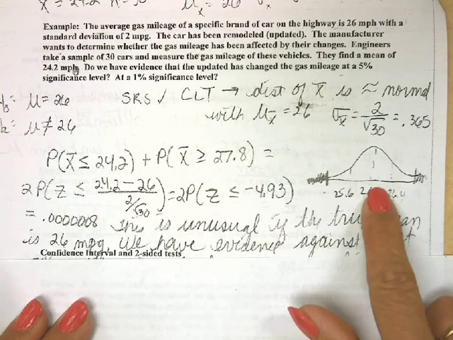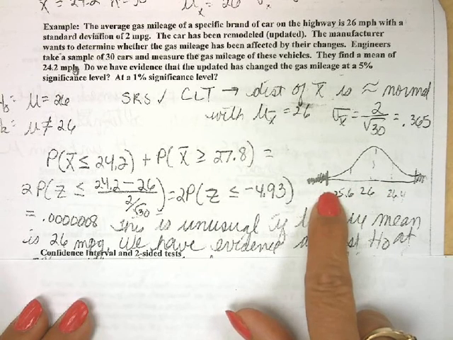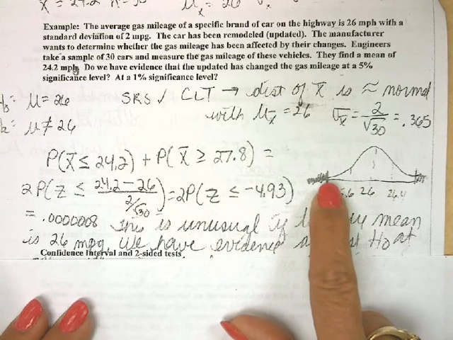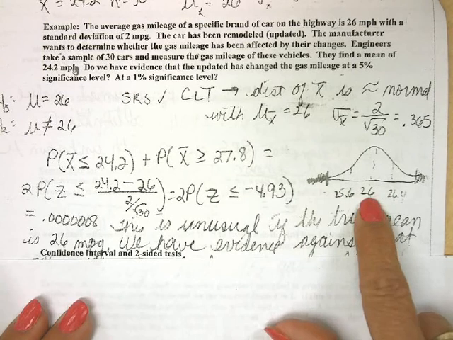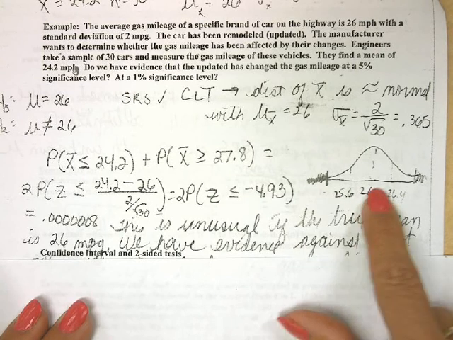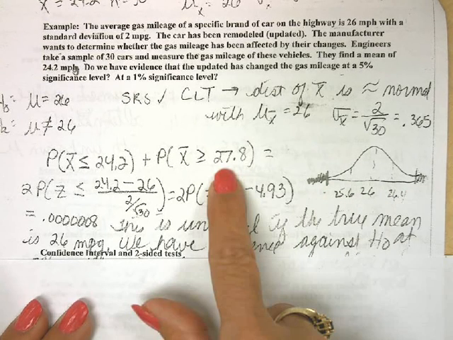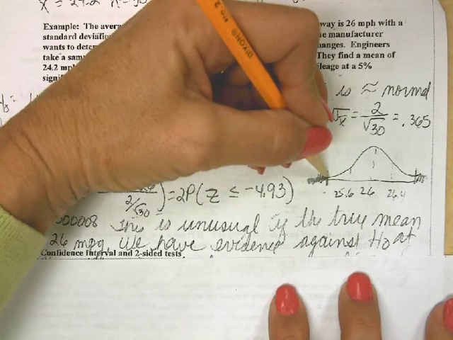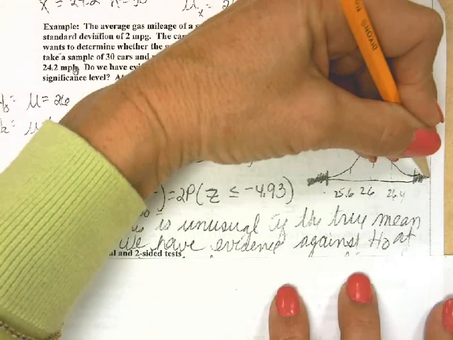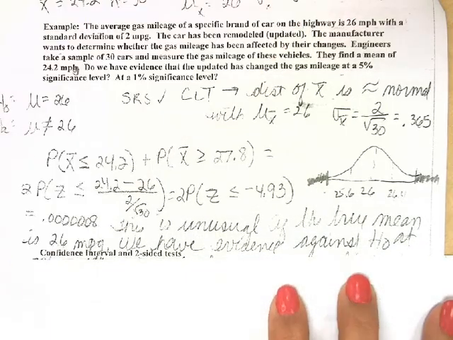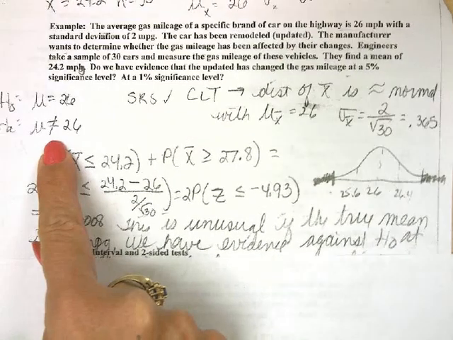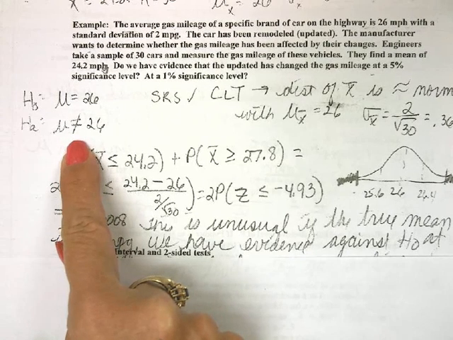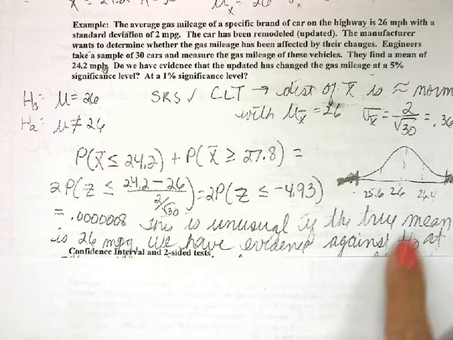So this sample that happens to be 1.8 miles per gallon lower than the mean should be just as likely as being 1.8 miles per gallon higher. And that's at 27.8. So we not only find this, but we also find this upper tail, because this is called a two-tailed test. That's what our alternative hypothesis of not equal to is going to mean.